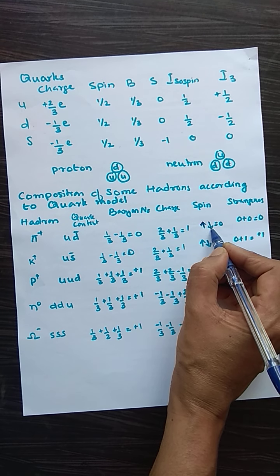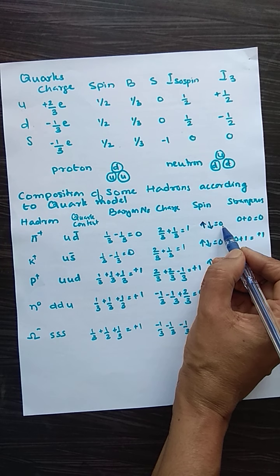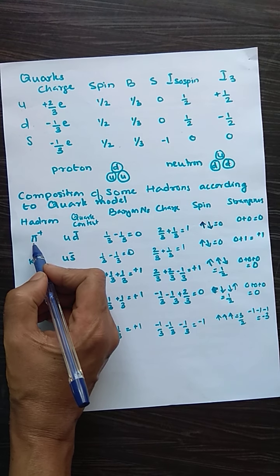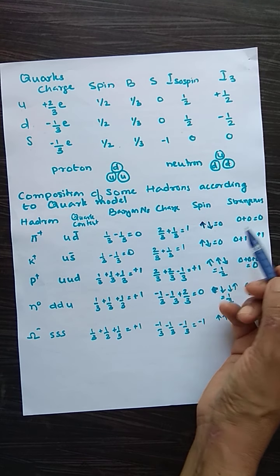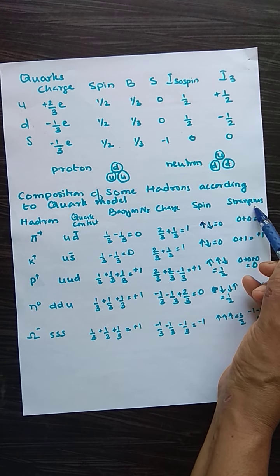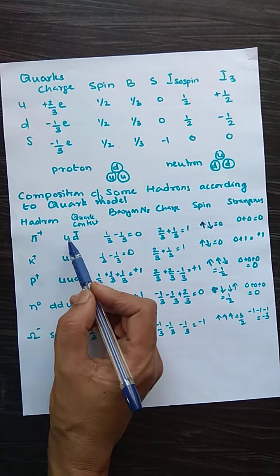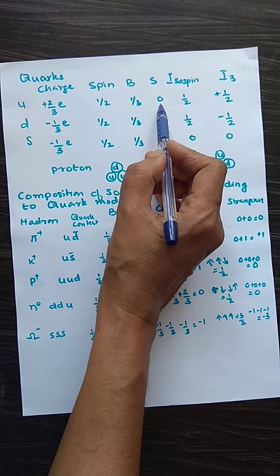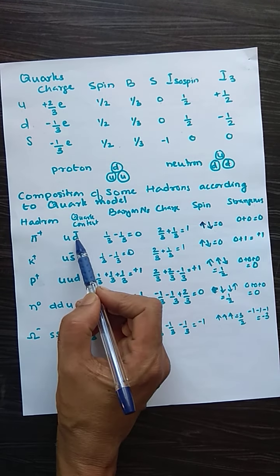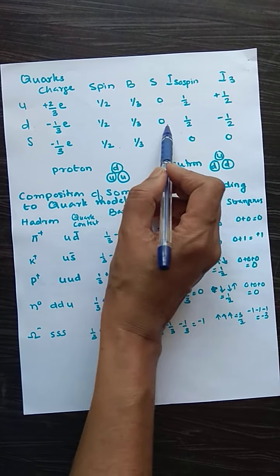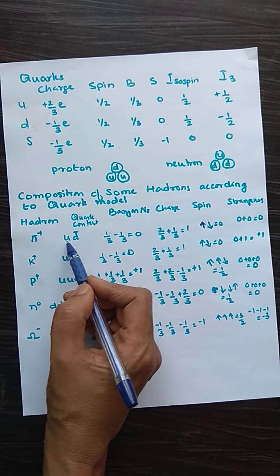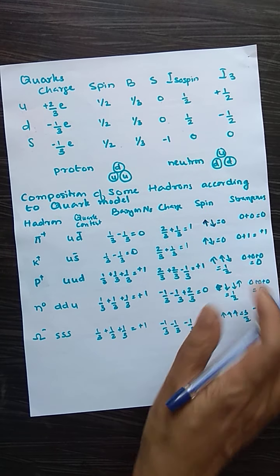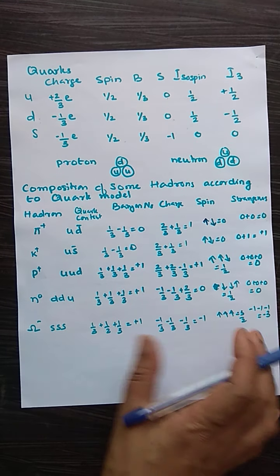So two spins in the opposite direction, so effective spin will be 0. So our pi plus meson becomes a spin 0 particle. Now look at strangeness, S. U quark has a strangeness 0. Anti-D quark also has a strangeness 0. 0 plus 0 is 0. So you get the different parameters corresponding to a pi plus meson.